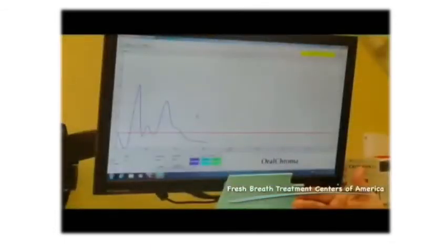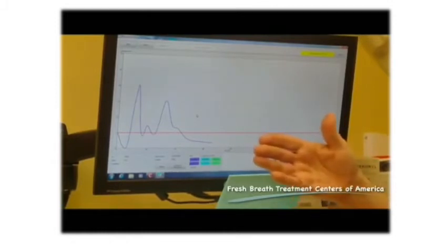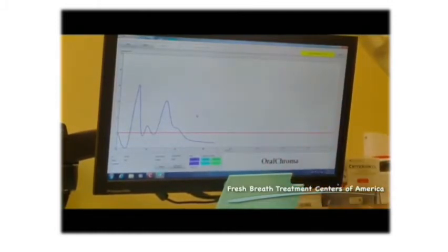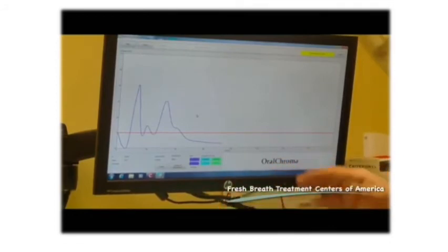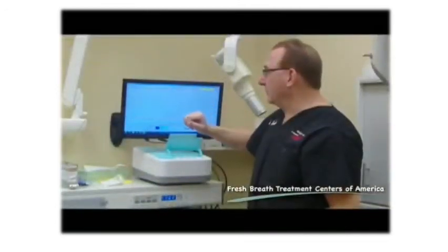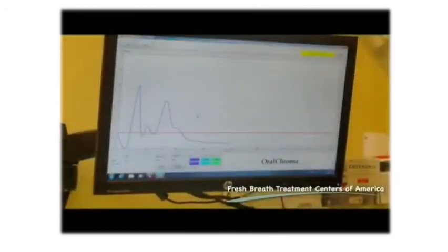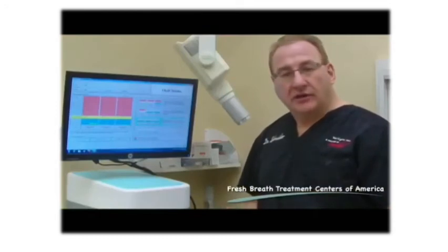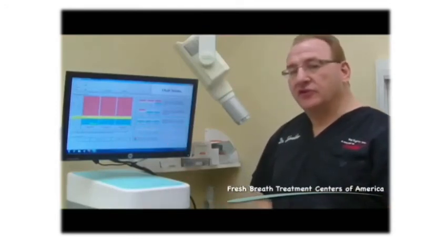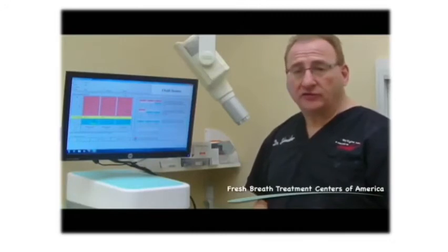After we inject the gas into the oral chroma, it's receiving the data and giving us the measurement in the computer, and after about 4 minutes when it's done, we'll go to the judgment part, which is here, and that will tell us exactly the amount of bacteria producing the gases that our patients have.